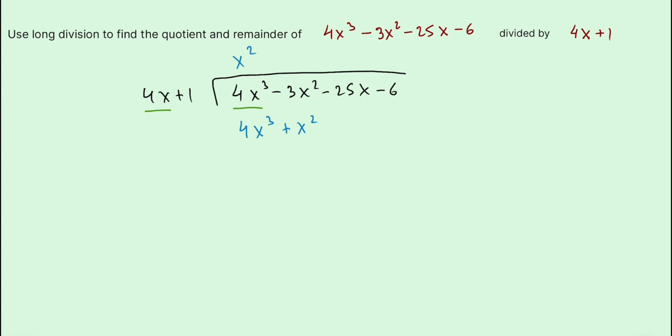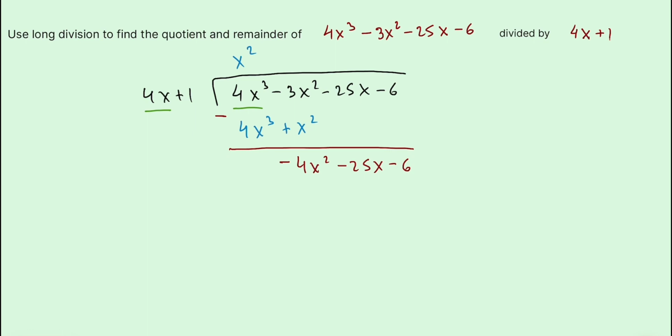Next, we subtract this from the whole polynomial. 4x cubed minus 4x cubed is 0. Negative 3x squared minus x squared gives us negative 4x squared. Everything else we bring down, so we have negative 25x and negative 6.